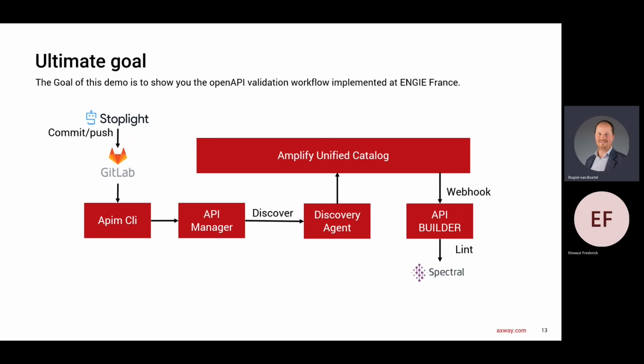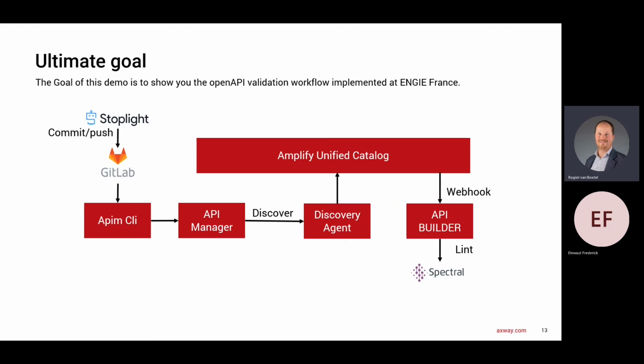So instead of going onto a UI and importing my definition file manually, I can do this in a completely automated way. Once I do a commit, I can run a Jenkins job, which will automatically import and publish my API in our API manager, for lifecycle management of your APIs.